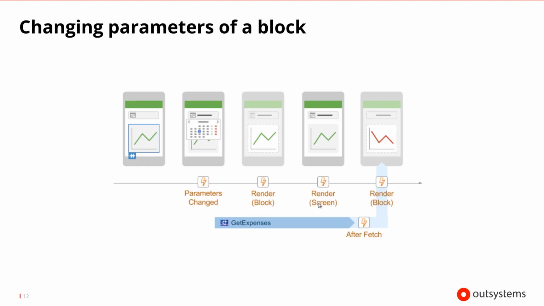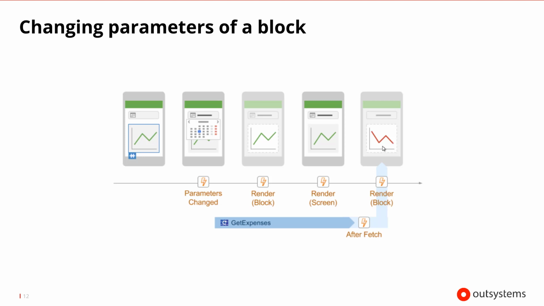And when the screen renders, that may change other things inside of the screen. In this case, it just changed the date, so there wouldn't be any significant difference. And then when the getExpenses comes back and runs the onAfterFetch, this will now have all of the new data, and because the data inside of the chart has changed, it will re-render the block again. And at this point, we'll get the new data and see things have changed.